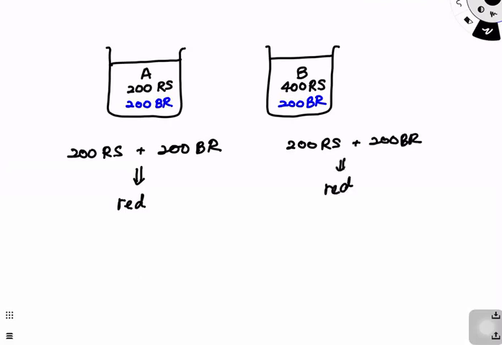So can I claim that both of them have the same concentration? You can't claim that, because in B you still have another 200 reducing sugar that has not reacted. So in order to make sure that all the reducing sugar has reacted, you have to increase the Benedict reagent.